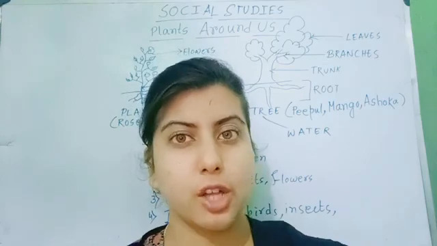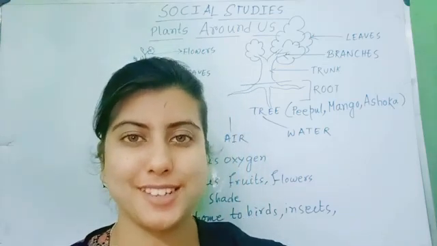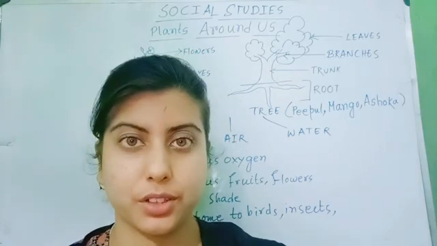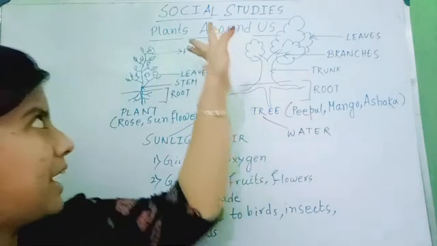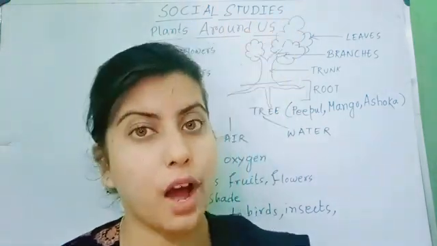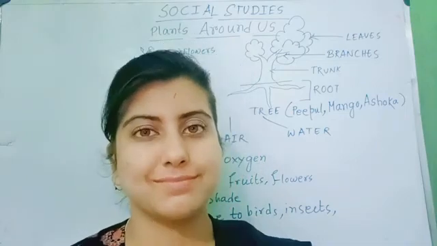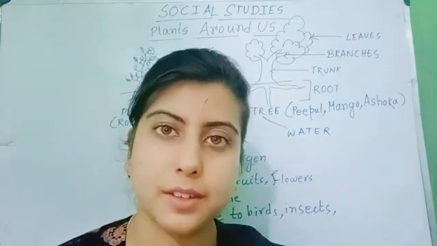In today's social studies class, we are going to start a new chapter. The name of the new chapter is Plants Around Us. So today we are going to talk about plants.